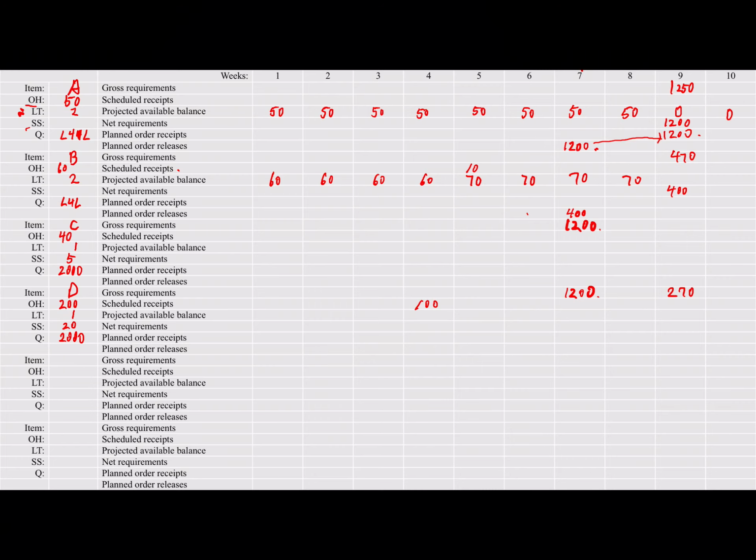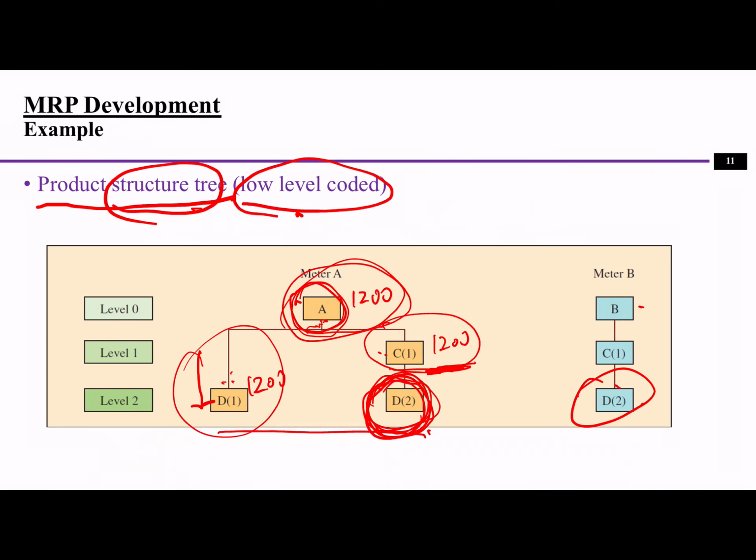Now, because we are doing some planned order releases, we are placing some orders for B. What we do now is go back to the product tree. Remember, for each B, we need 1 C. We only look at the direct relation.